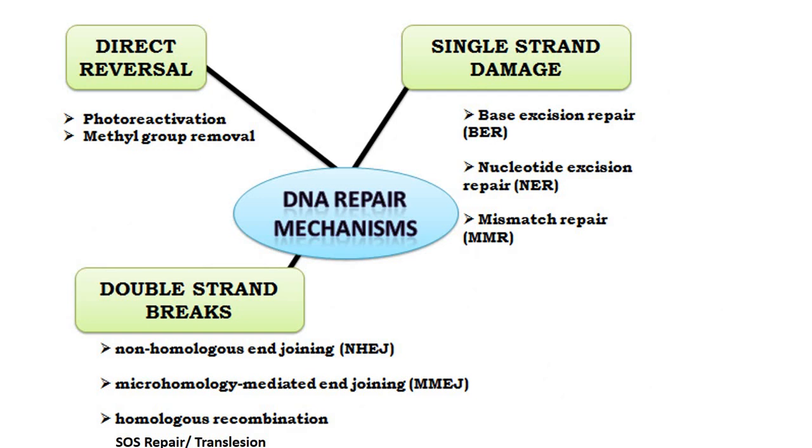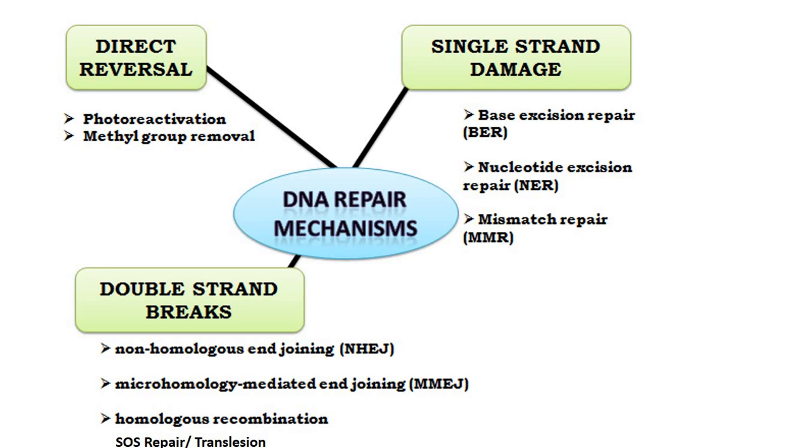Okay, so far we talked about multiple different ways of DNA damage and repair. The DNA damage can happen in a number of different ways, and similarly the DNA can be repaired in a number of different ways as well. We talked about single-stranded damage, and the repair mechanisms for that are base excision repair, or BER, nucleotide excision repair, or NER, or mismatch repair, MMR. We also talked about direct reversal of the DNA damage, such as photoreactivation and methyl group removal.